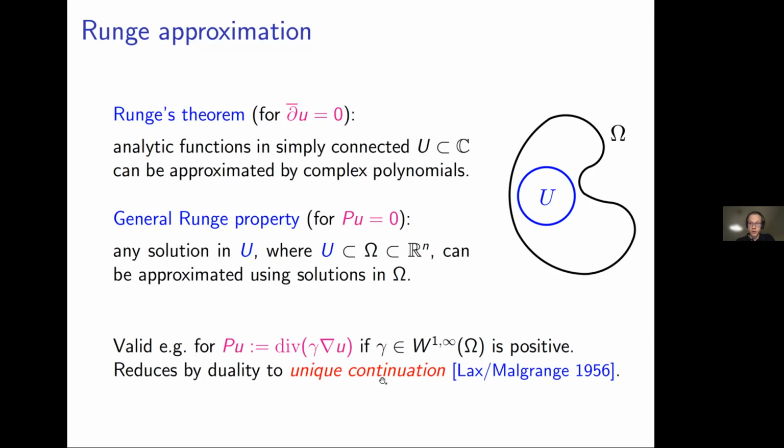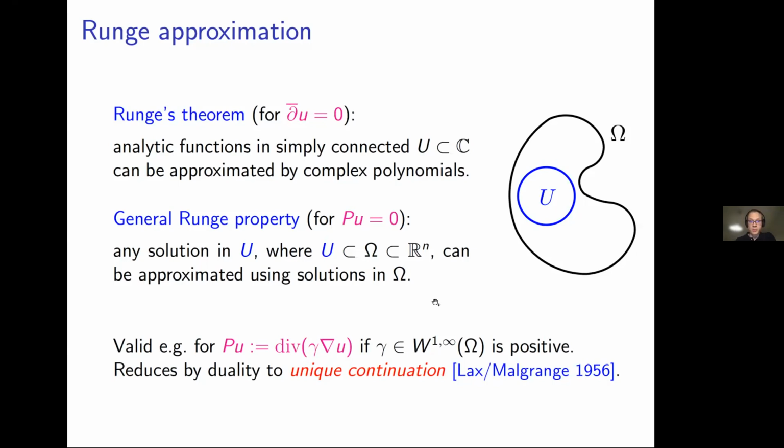This is an observation made by Lax and Malgrange in 1956. So if you have a unique continuation principle for your PDE, then you also have some approximation property. And this is of course similar to, for instance, the Hilbert uniqueness method in control theory, where some kind of observability inequality, which is kind of a uniqueness statement, implies a controllability property.